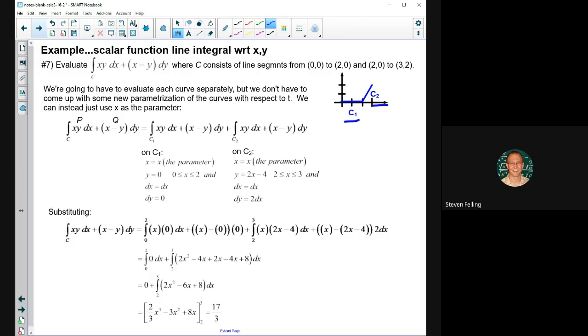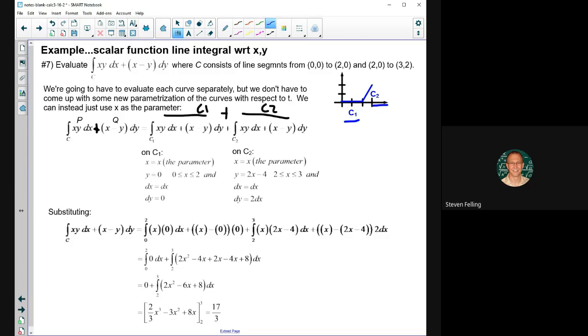So in this case, they've given me the problem in this form, where they've written xy, which we could refer to as p, and x minus y, which we could refer to as q, right? And then we could separate that into two separate integrals that are added, one for curve 1 and one for curve 2.